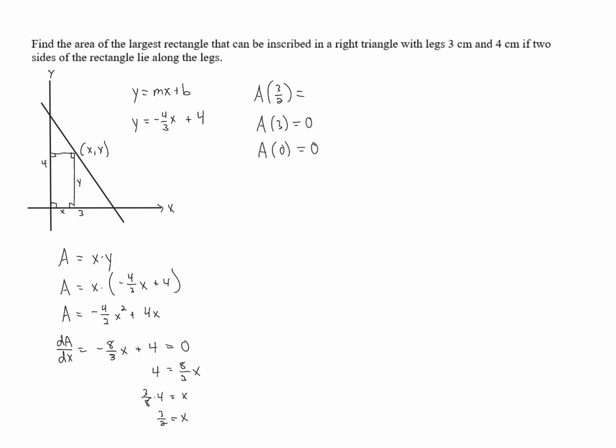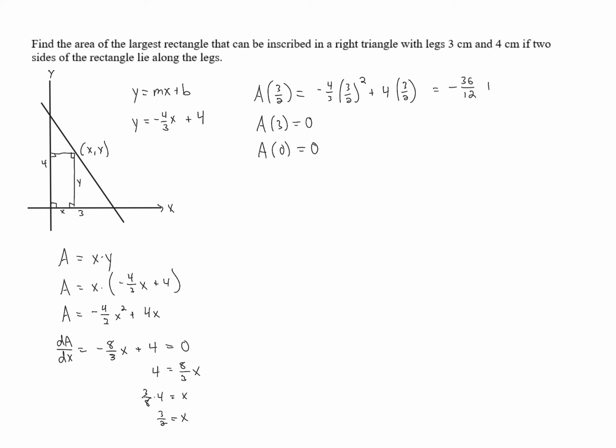So if we plug in 3/2 for the formula for area, that is -4/3 times 3/2 squared plus 4 times 3/2. So what is that going to give us? 3/2 squared is 9/4, and -4/3 times 9/4 is going to be -36/12.